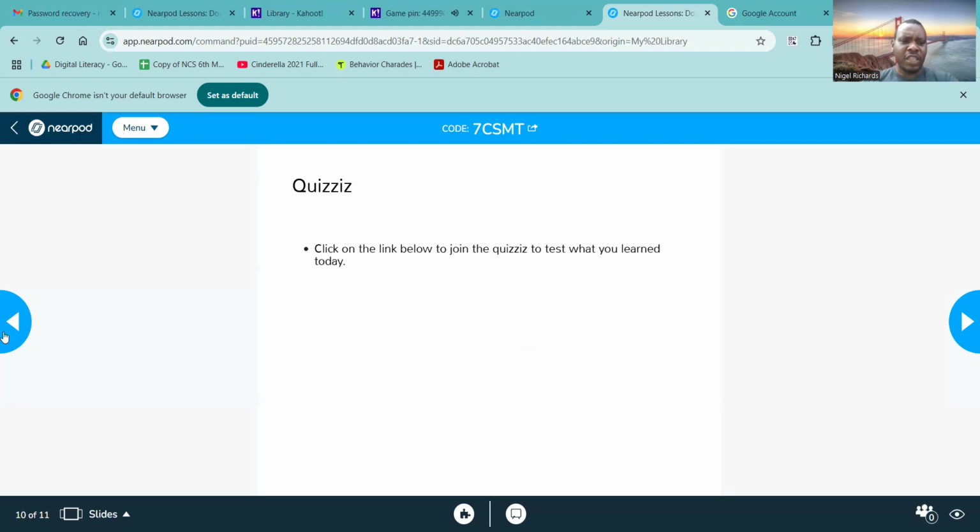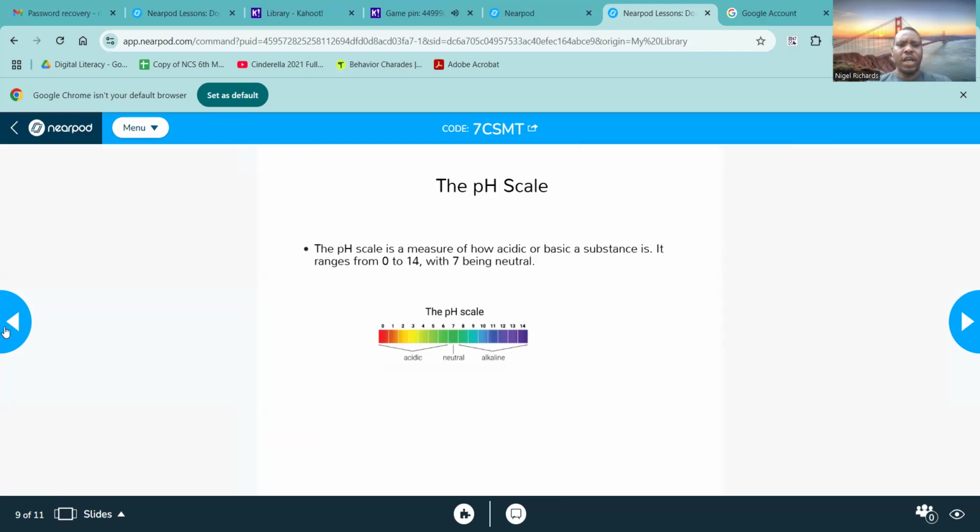I have an activity for you. We're not ready for the quiz yet. I'm going to put a link in your chat again. I have a drag and drop activity where you are going to search for substances, think whether it's an acid or a base, and drag it to where you think it should be on the pH scale. You should see that coming up right now. Click on the link in your chat.